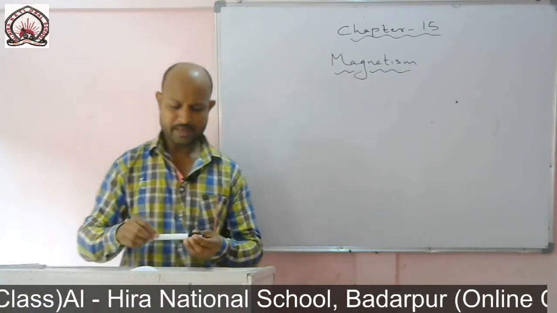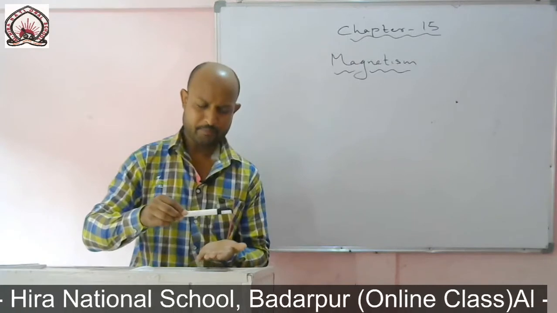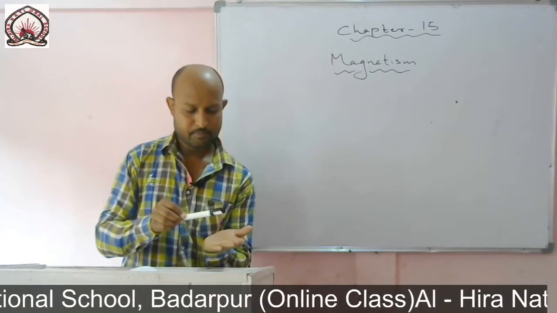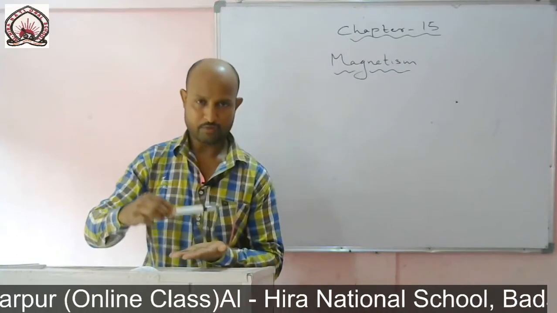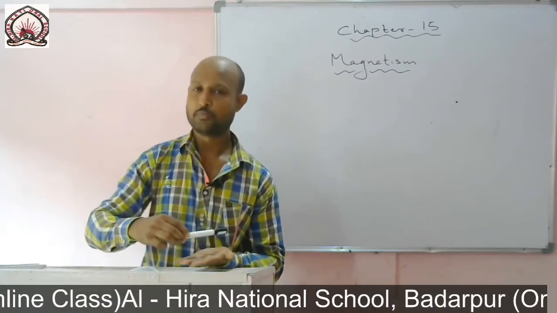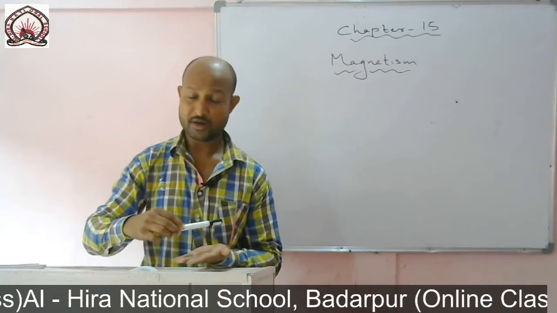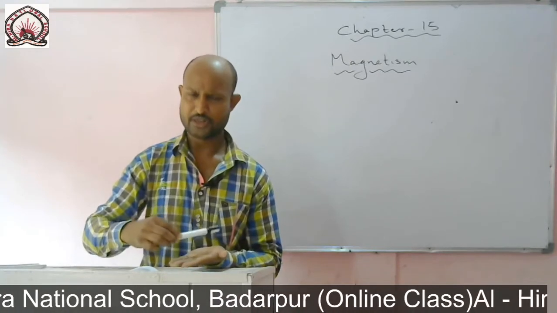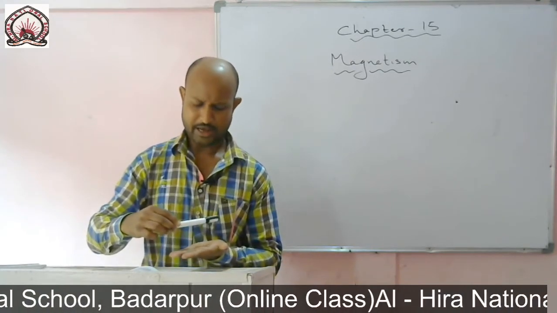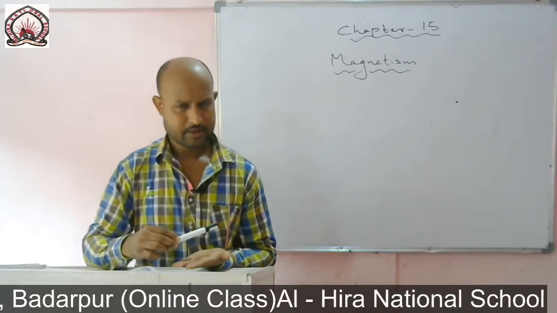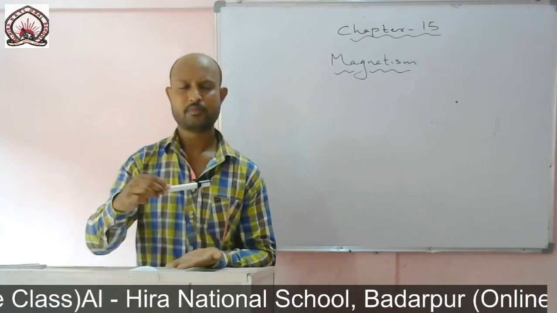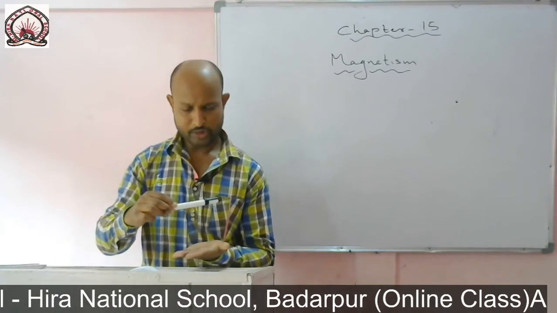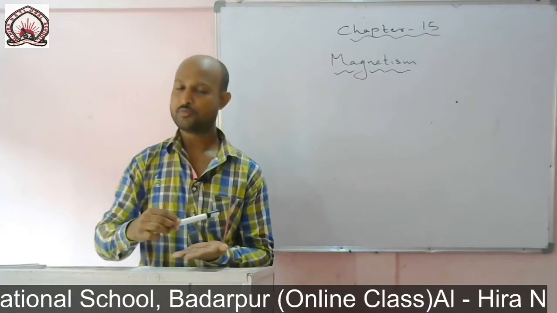When you place a bar magnet on top of a magnetic compass, matching the north pole of the bar magnet with the north pole of the magnetic needle inside the compass, and the south pole of the magnetic needle of the compass with the south pole of the bar magnet, if you keep it matching, what will happen? It will not show any changes.